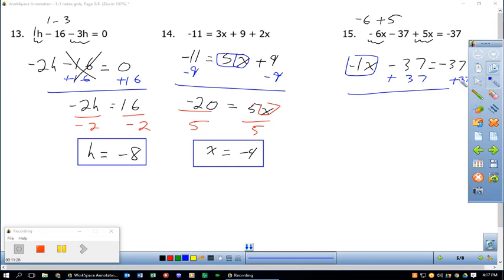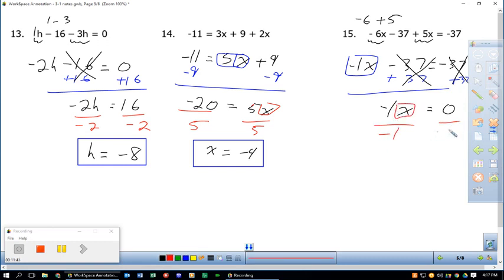Add 37, so that becomes 0 over here. 0 pairs, so we're left with 0. Still want x by itself, so divide by -1. And 0 divided by anything is just 0. So we get that x equals 0.